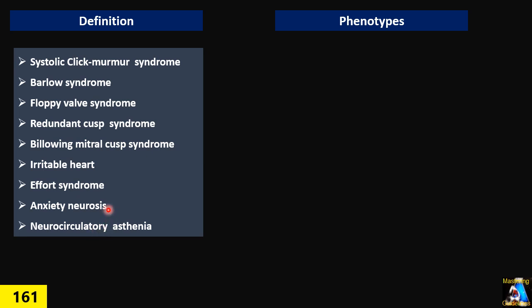Based on histopathology, echocardiographic or imaging features, and surgical aspects, we can now divide the phenotypes into three categories: myxomatous degeneration, fibroelastic deficiency, and those related to connective tissue syndromes like Marfan syndrome and so on.